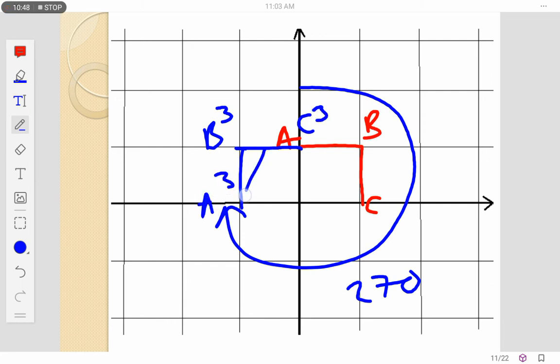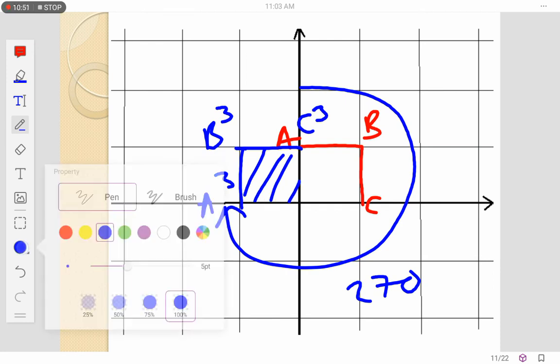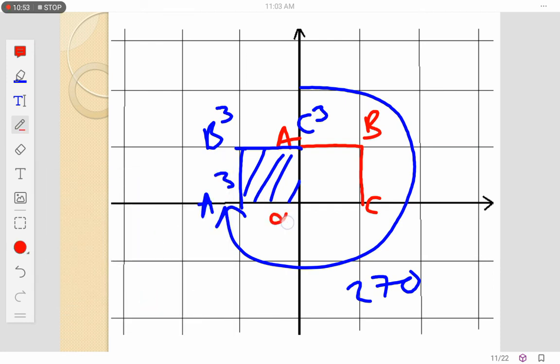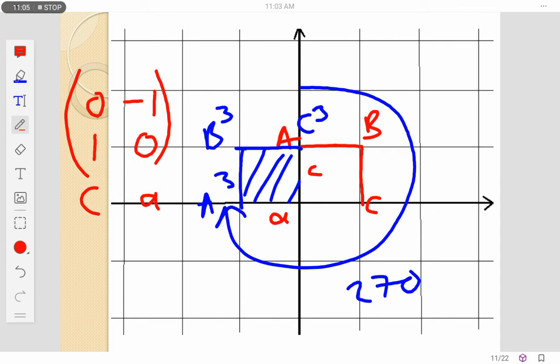Okay, like that. So this is what we have. And remember, we are concentrating on the A side and the C side. So I can formulate my matrix in terms of C and A as 0, 1, minus 1, 0. Okay, so this is the matrix of rotation through 270 degrees.